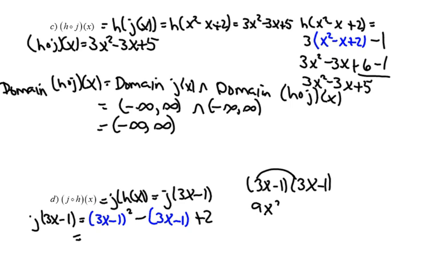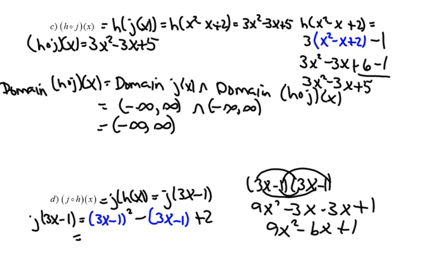That's 9x squared minus 3x minus 3x plus 1. Combine the negative 3x minus 3x here and here, that's minus 6x. So, rewrite. Distribute the negative. And then combine like terms.